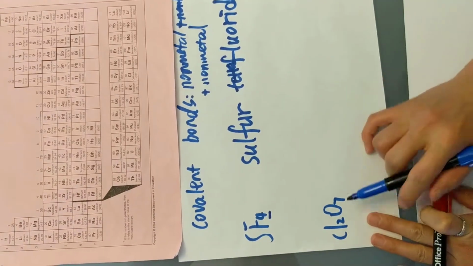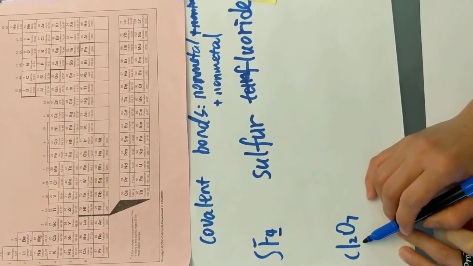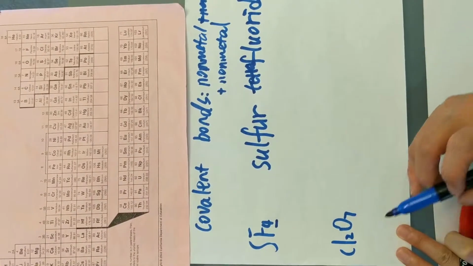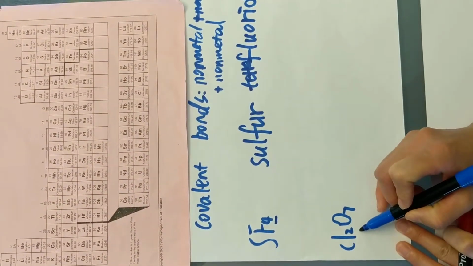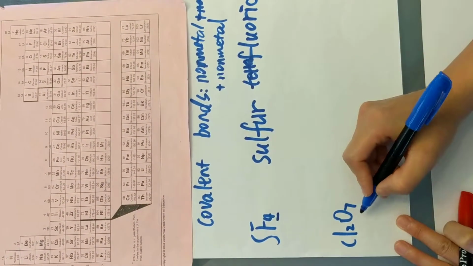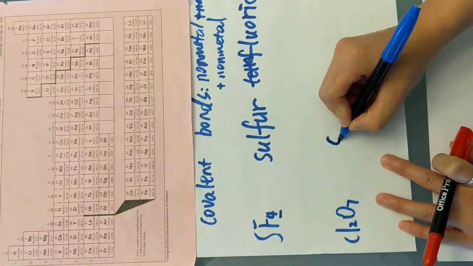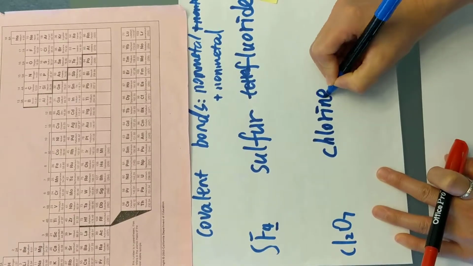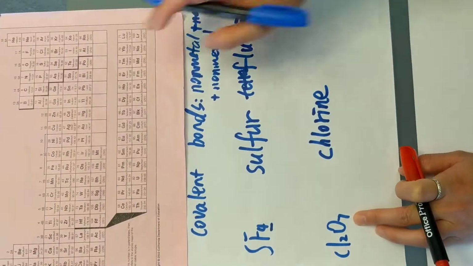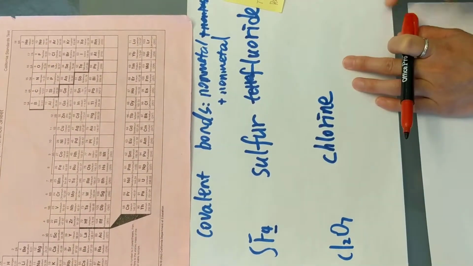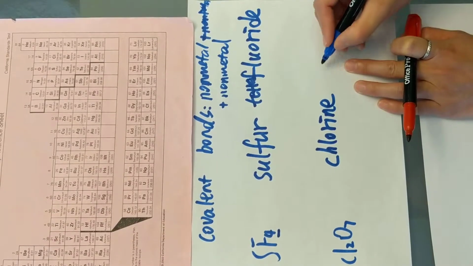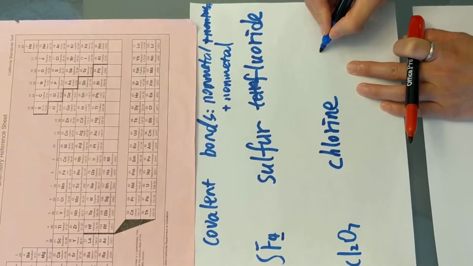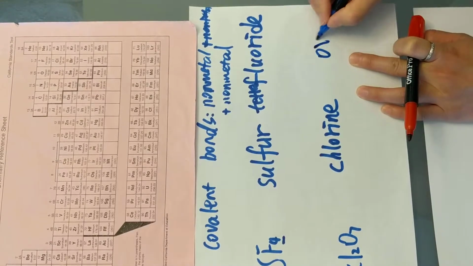The same rules as the second one. Cl2O7. How many chlorine here? 2. So first we write the chlorine. O is oxygen. So we change it to IDE. That's called oxide.